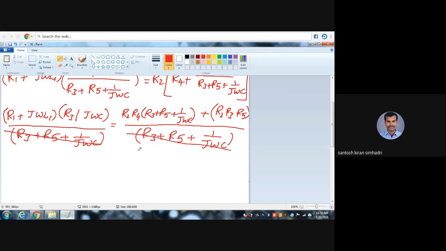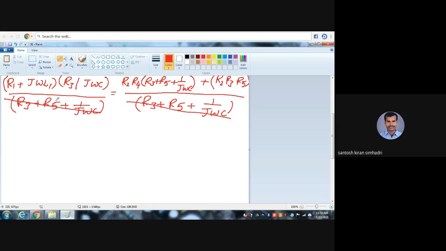Okay, now I will do it one by one. I will multiply with this entire expression in a proper way. What is the first expression? That is R1 R3 by j omega C plus j omega L1.